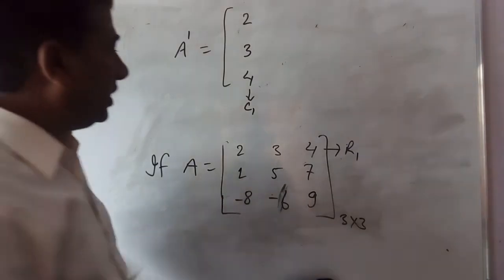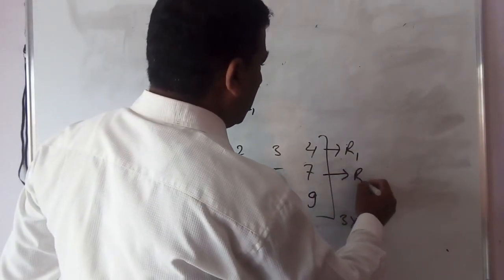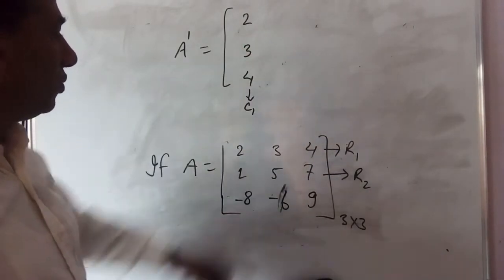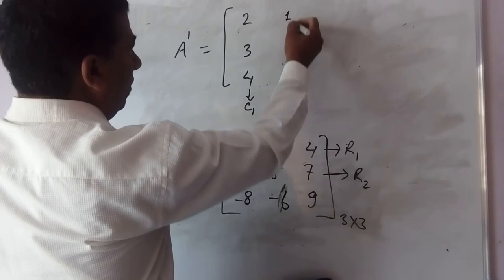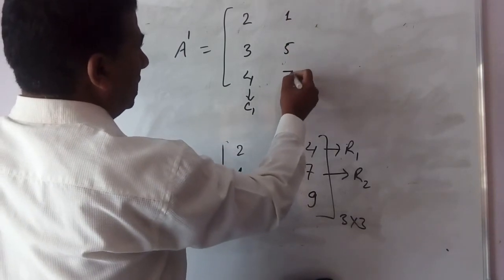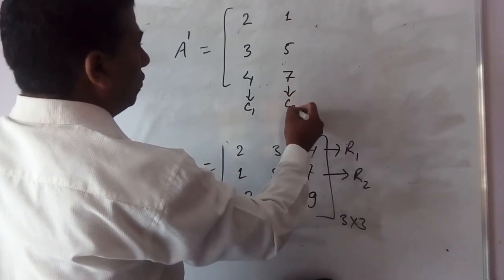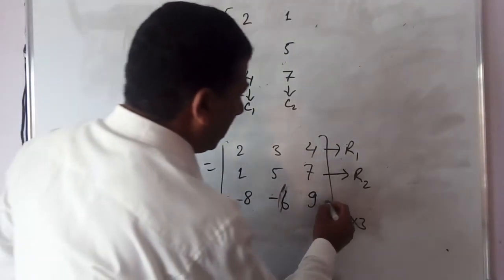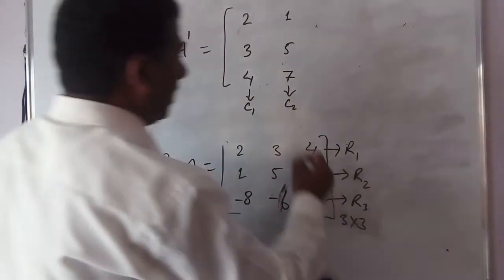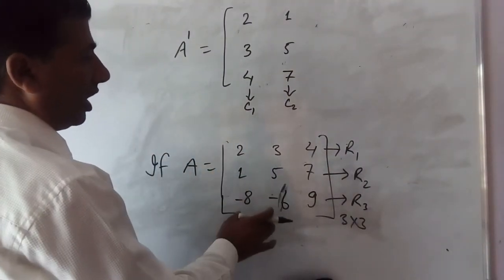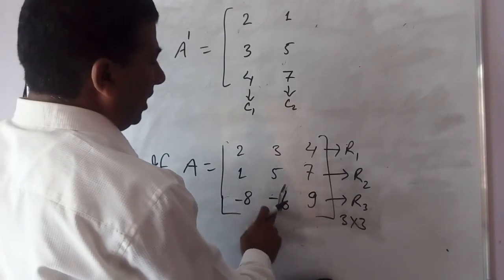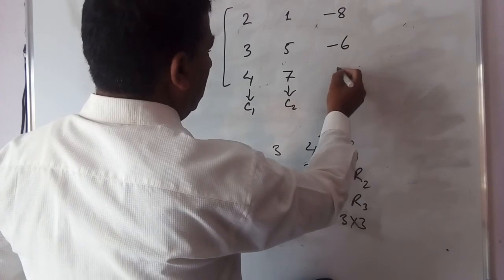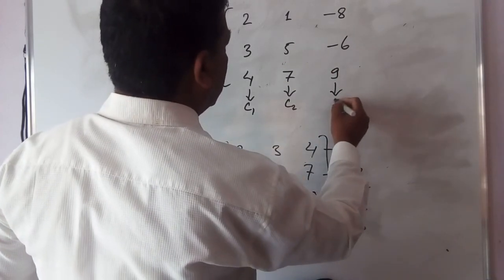Now this one is R2, 1, 5, 7. I change R2 to C2. Now this last one left, that is R3. I'll change this into C3: -8, -6, 9. Now this one is C3.